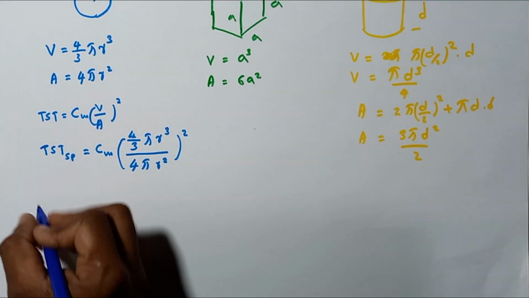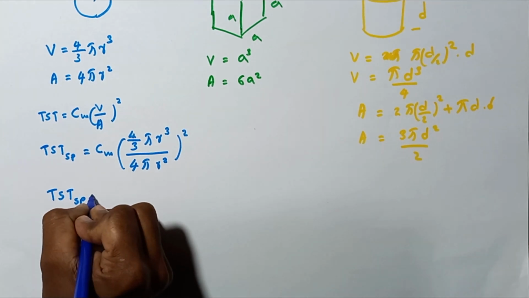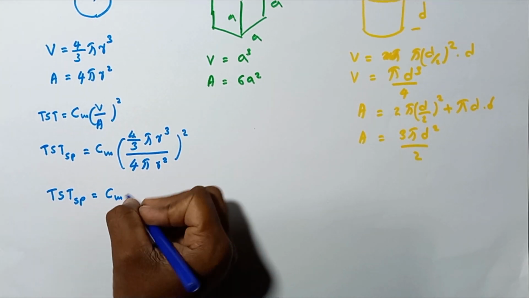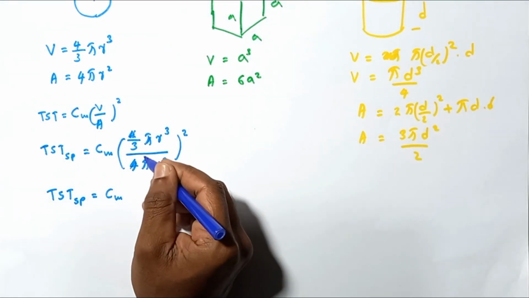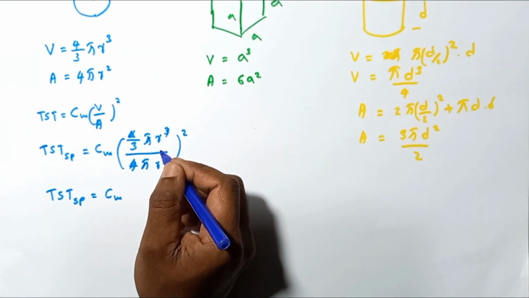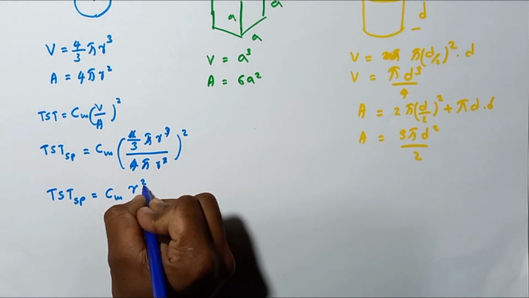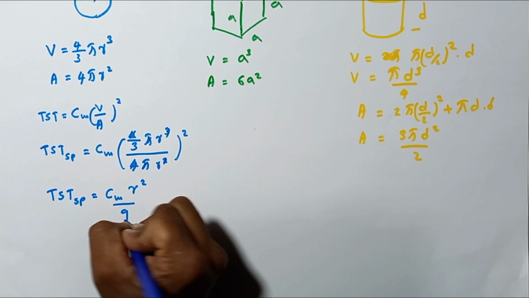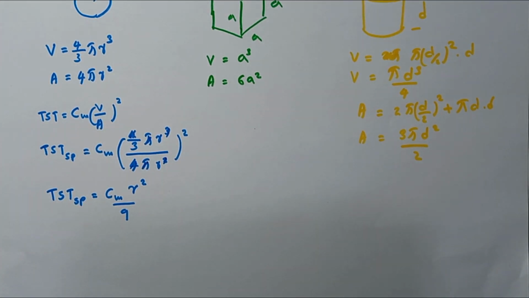Further we can simplify this one and cancel terms, so the total solidification time for the sphere is Cm R squared divided by 9. Finally, we get this answer for the sphere.